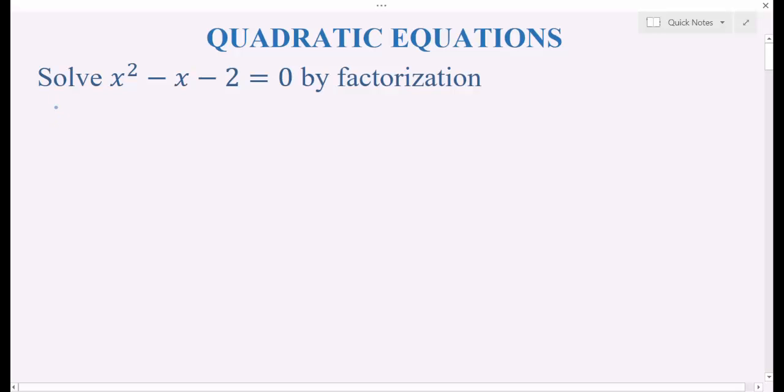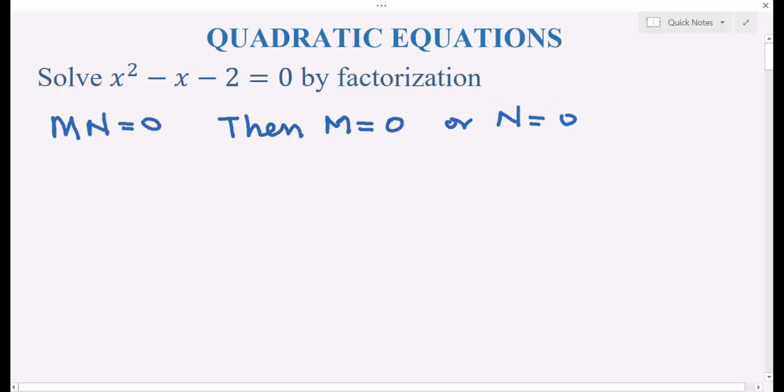Solution by factorization uses the principle where you have mn is equal to 0, then m is equal to 0 or n is equal to 0.